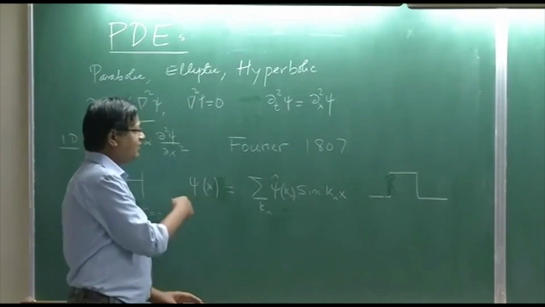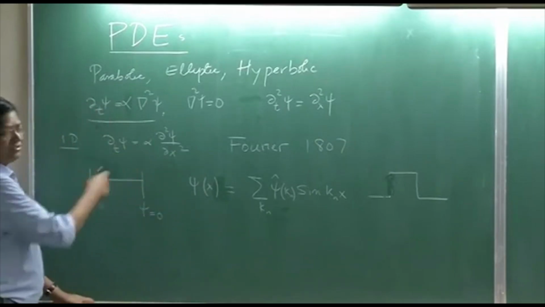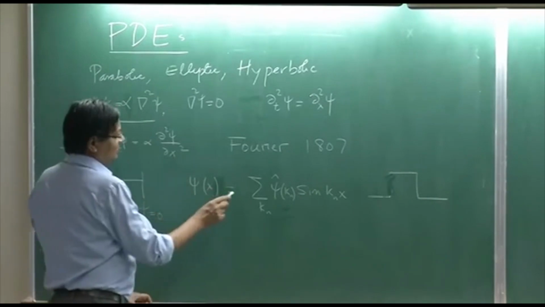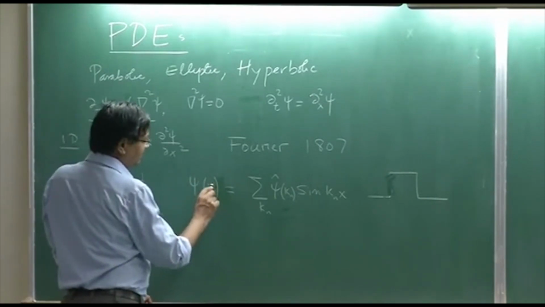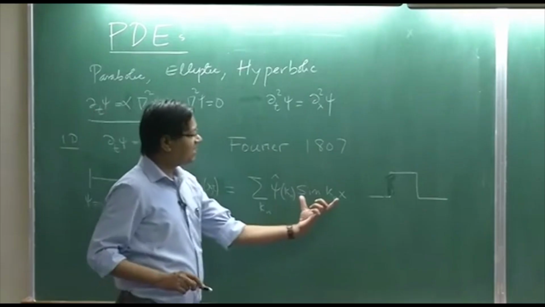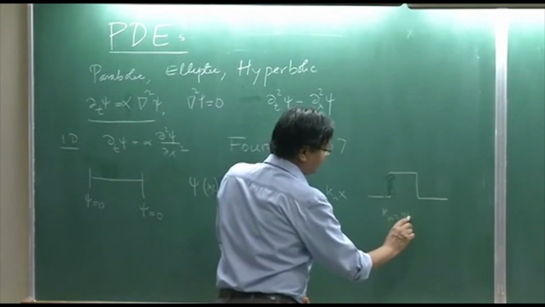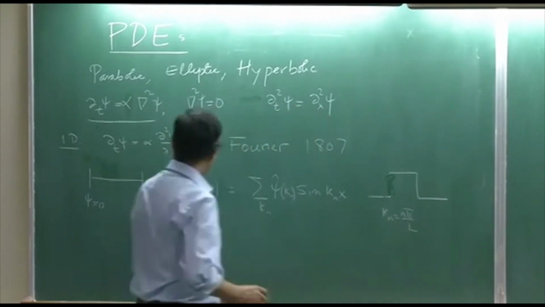Now, using this, let's try to solve this equation. We'll make this a function of x and t. One more point: k_n is nπ/L, where L is the box size.